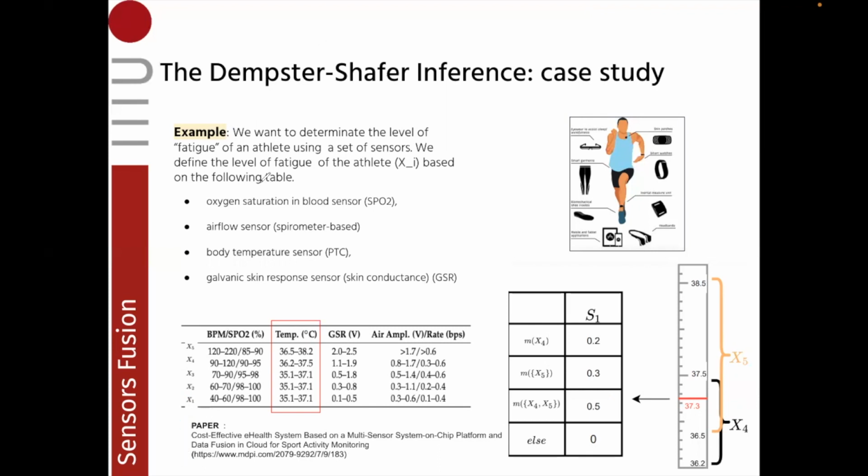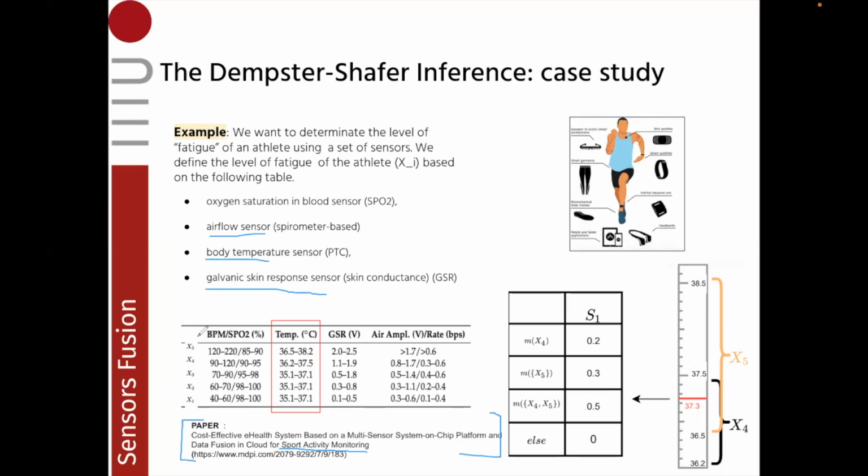For Dempster-Shafer inference, what we use is this paper, which is reported here on the bottom of the slide, which is a sensor fusion application in the sport activity monitoring domain. Specifically, in this paper, they use 4 sensors: an oxygen saturation blood sensor, an airflow sensor, a thermometer, and a galvanic skin response sensor to determine the level of fatigue of an athlete.